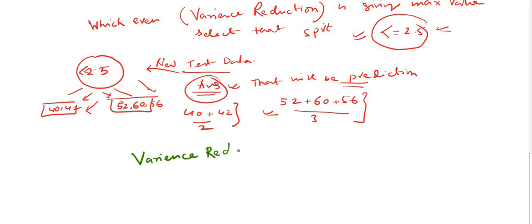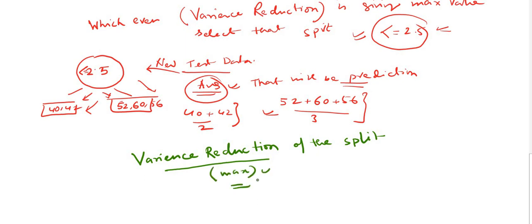We calculate the variance reduction of the split, and we select the max variance reduction, like the max information gain.